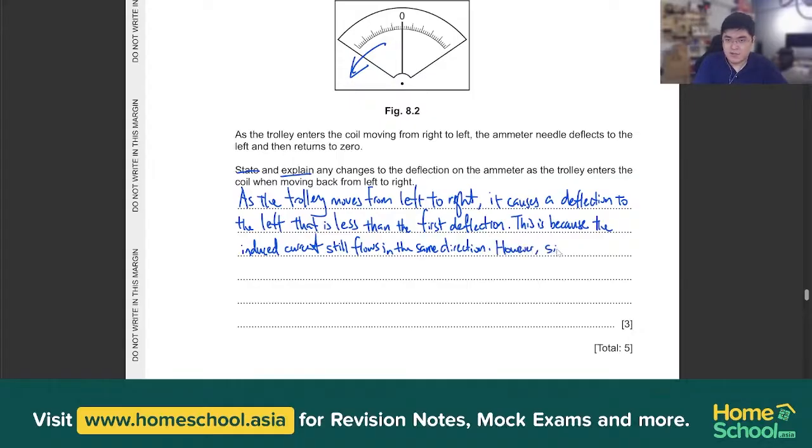However, since the trolley moves slower, a smaller induced EMF in the coil would deflect the needle less.